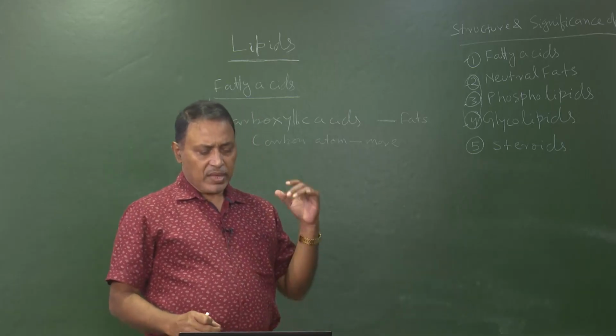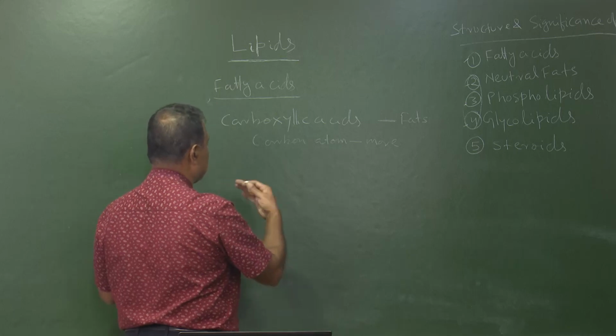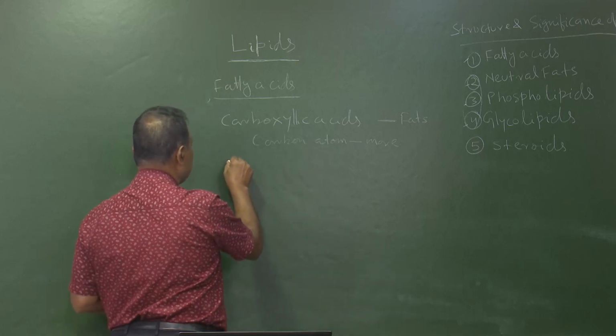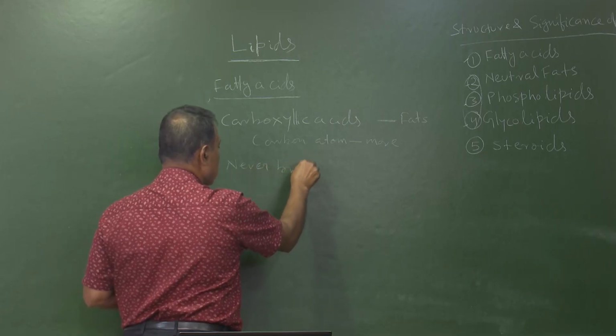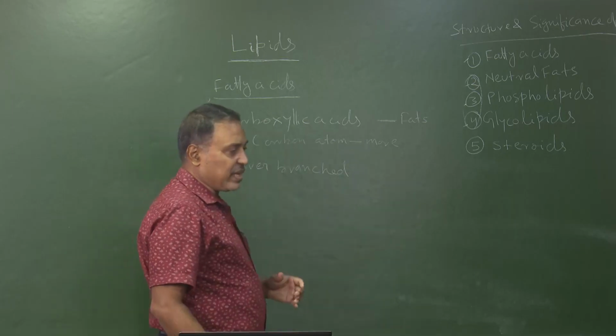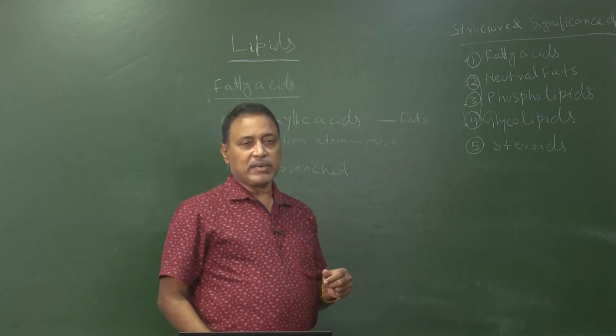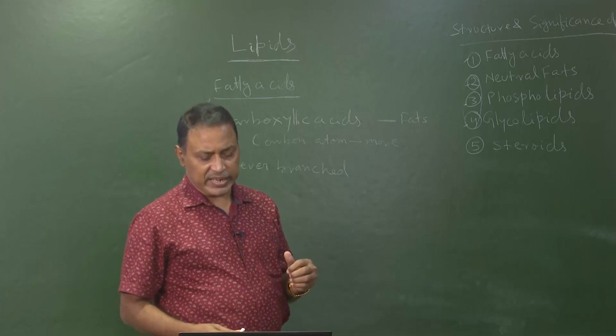And another aspect of these fatty acids is that they are never branched. They are always straight chain. But as you know, in biology, exception is always there. We will find exceptions.